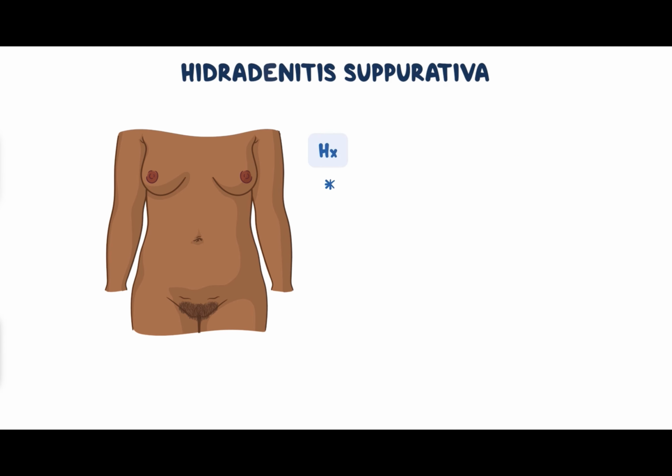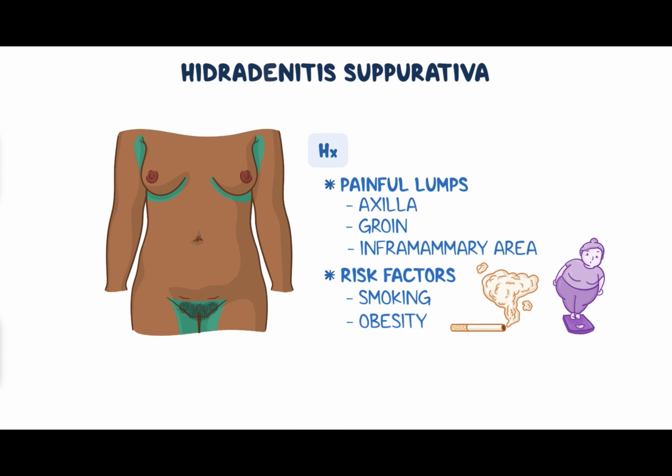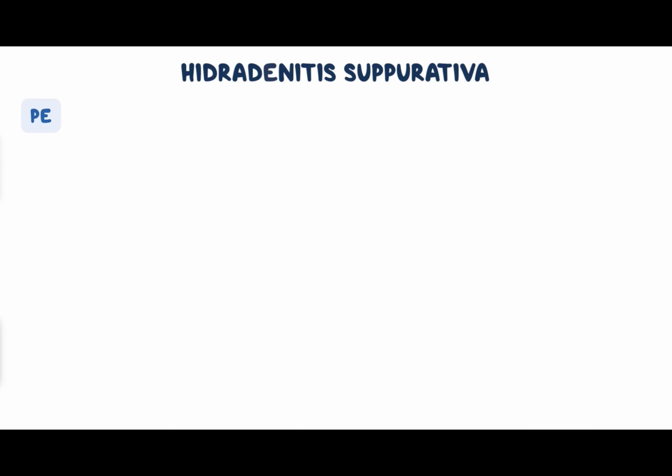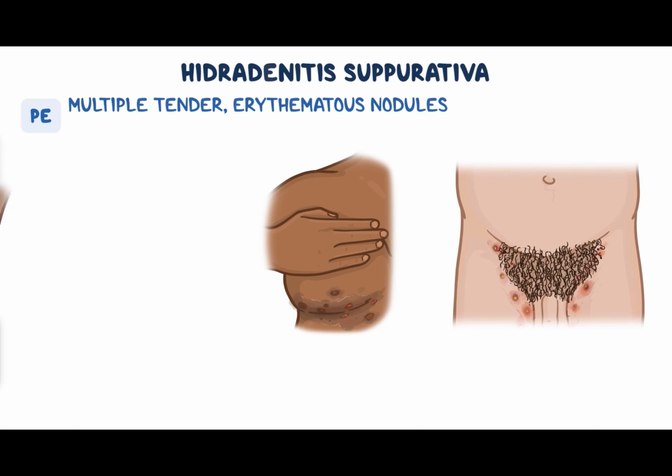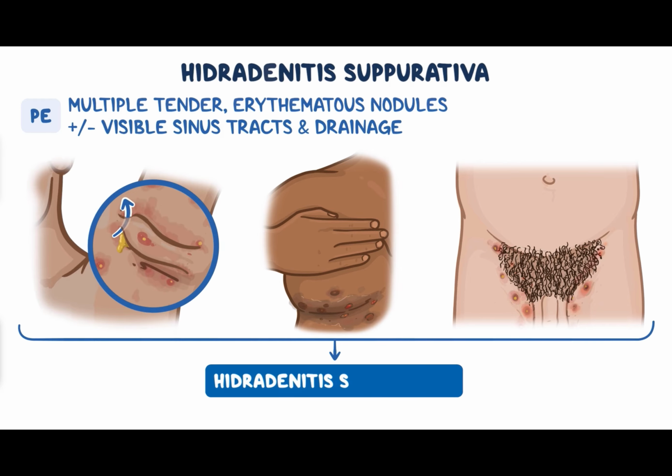Patients usually report painful lumps around the axilla, groin, and inframammary area. Your patient might have risk factors like cigarette smoking or obesity. Exam typically shows multiple tender erythematous nodules, sometimes with visible sinus tracts and drainage. These findings support your diagnosis of hidradenitis suppurativa.